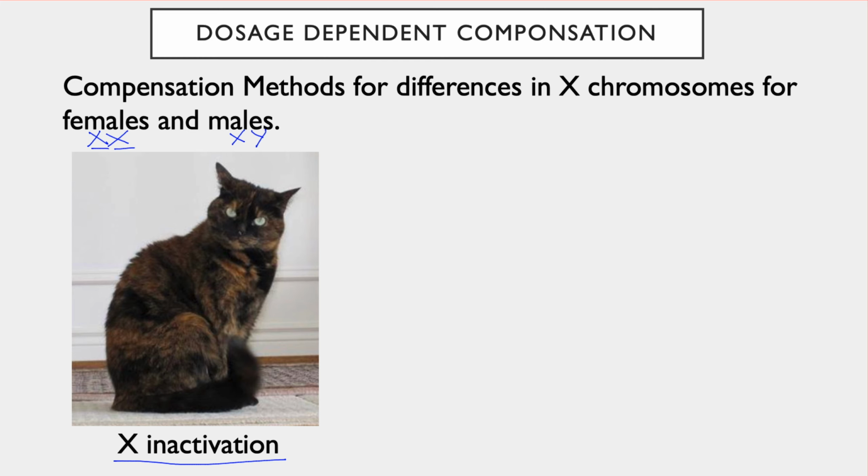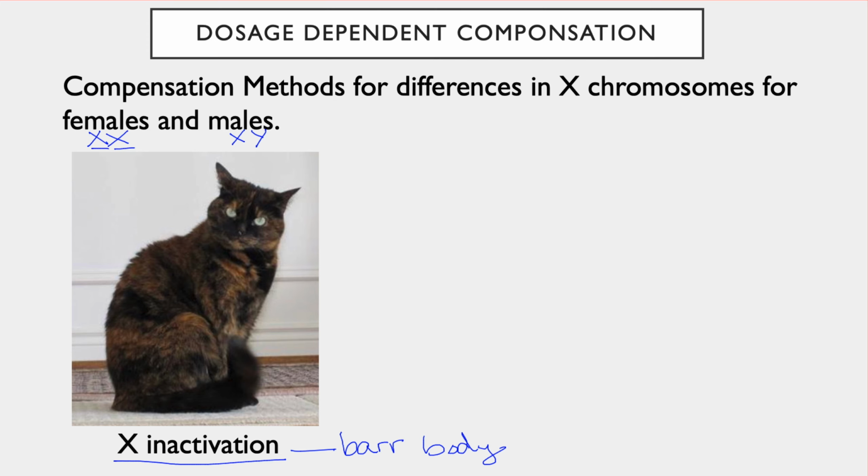At some point, all of the cells decide, hey, we're going to take one of those X's and silence that X and create what we now call the bar body. That bar body, which we write like this, is silenced. None of the genes on that chromosome can be expressed, and only the genes on the other X chromosome can be expressed. And that coat color for that other chromosome is what's present in that particular cell.